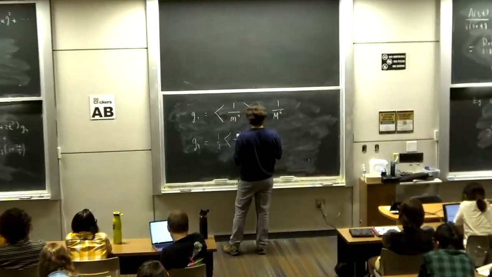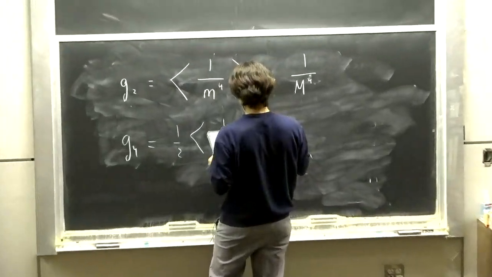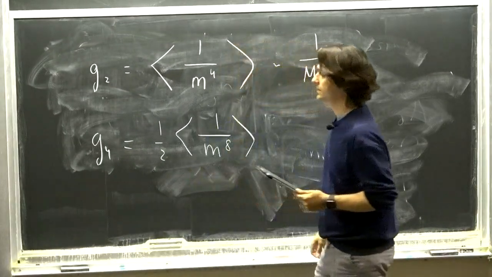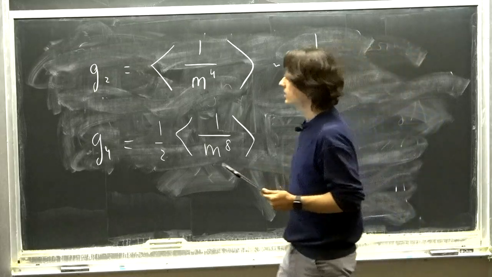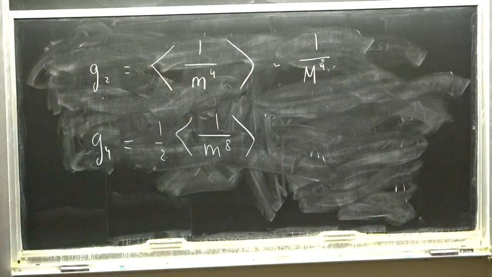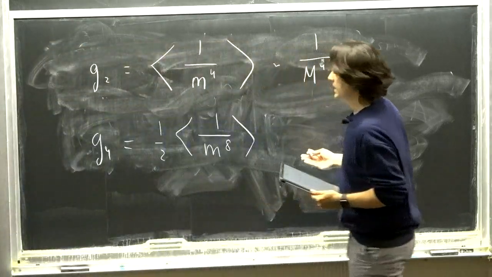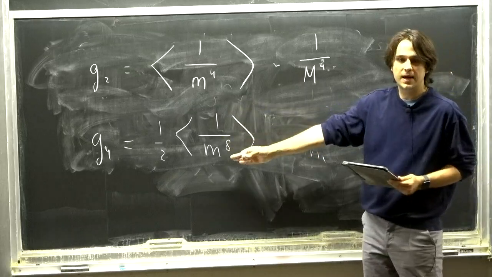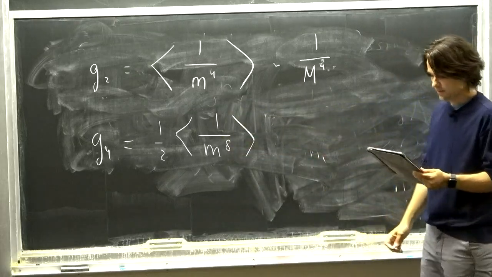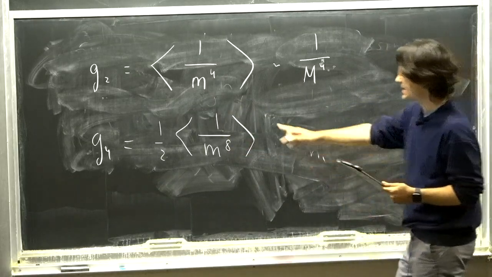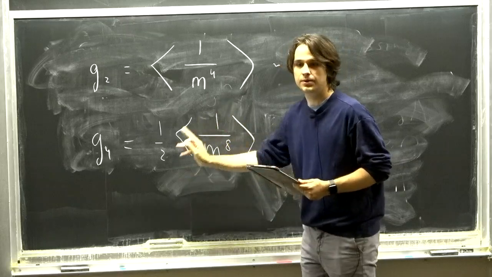Sorry, just that. Okay. Now, here I'm using dimensionful Wilson coefficients, not dimensionless Wilson coefficients. Right? So again, this thing, as we expect, would go like 1 over m to the 8. Okay? However, this is a positive average.